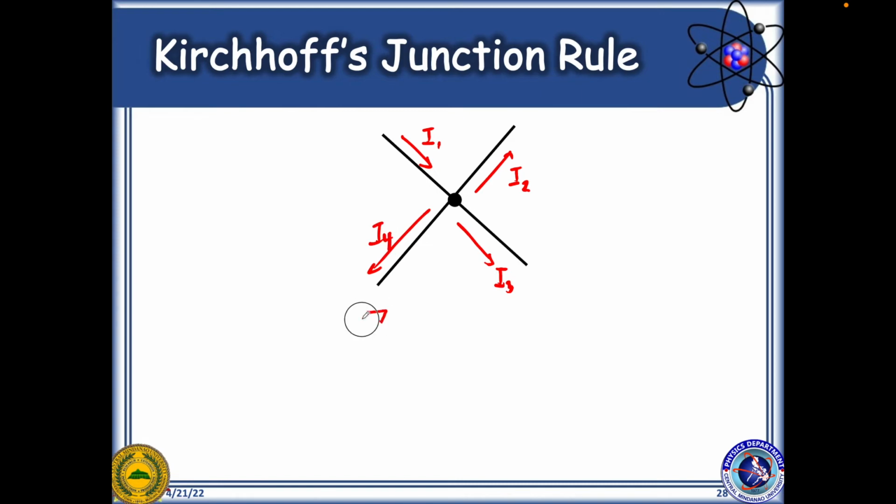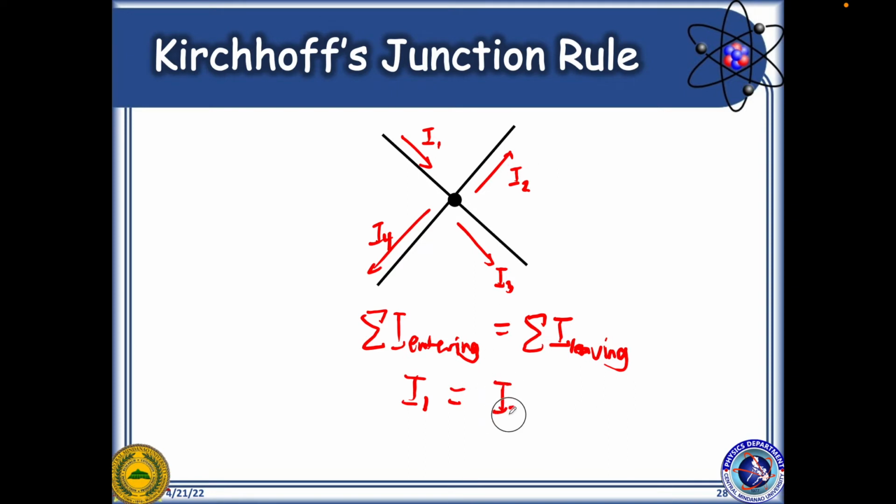So all you have to do is, the current entering the junction is equal to the summation of the current leaving the junction. Applying this junction rule, you'll have I1, the only one entering the junction, equal to I2 plus I3 plus I4.